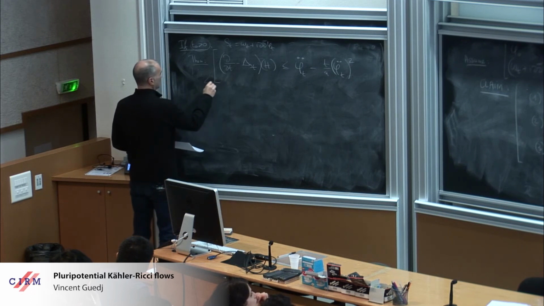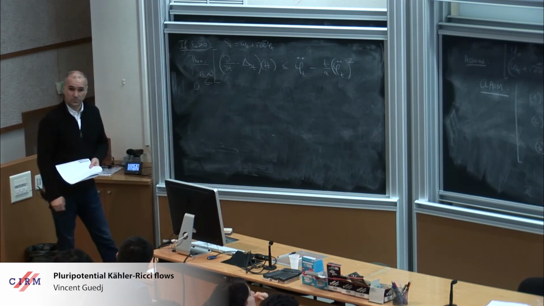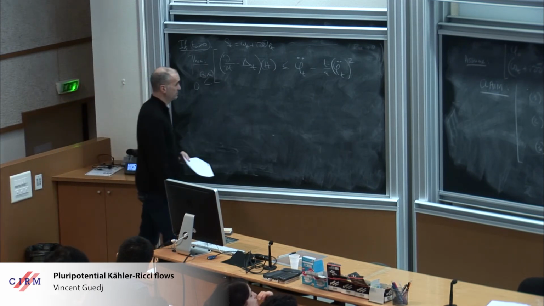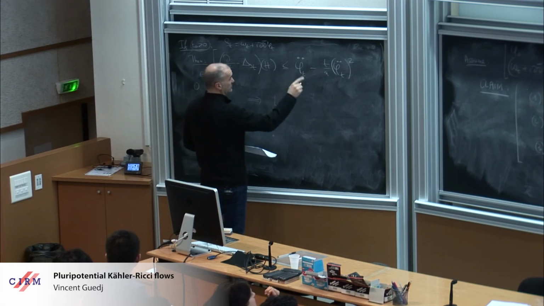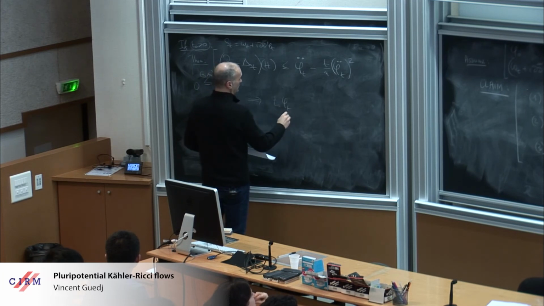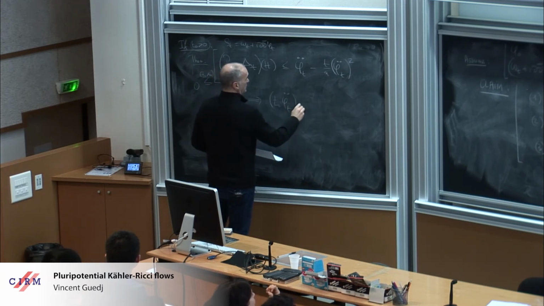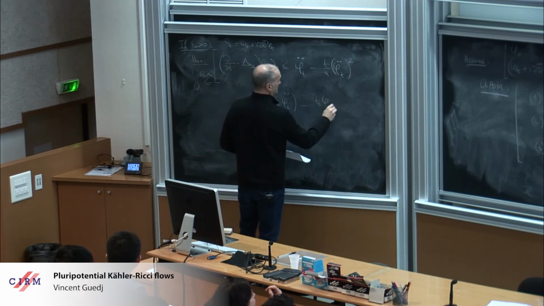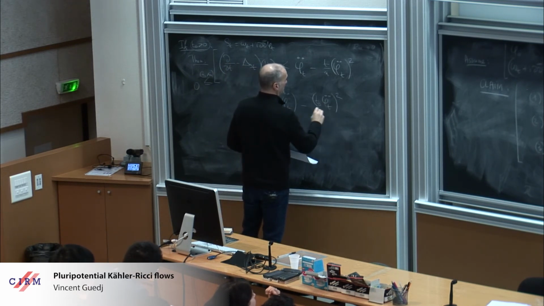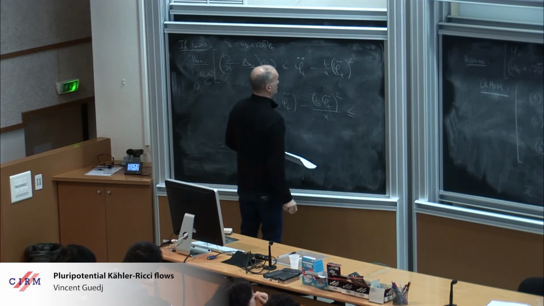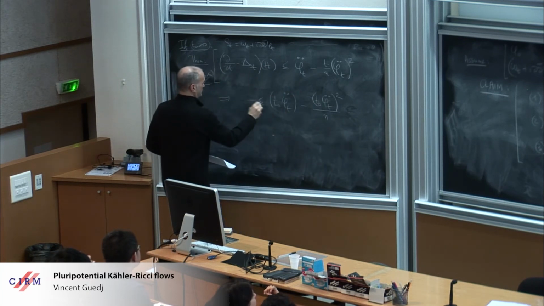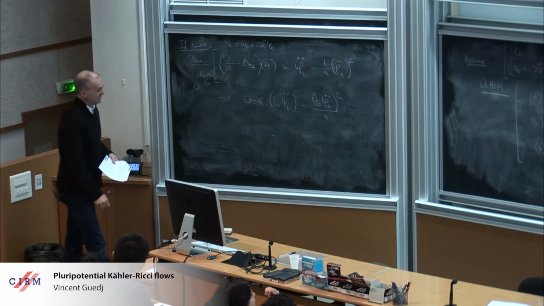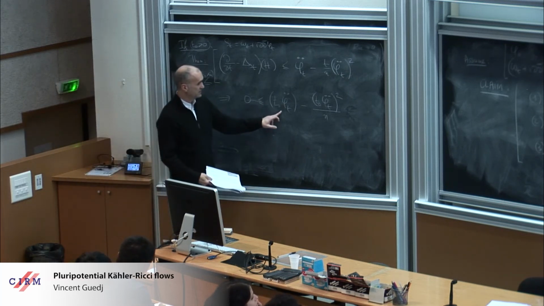Then at that point, this operator applied to h should be non-negative, which tells you that if you multiply by t0 this quantity, t0 phi t double dot minus t0 phi t double dot square divided by n is, sorry, is positive.